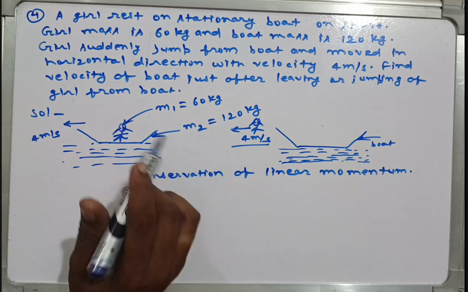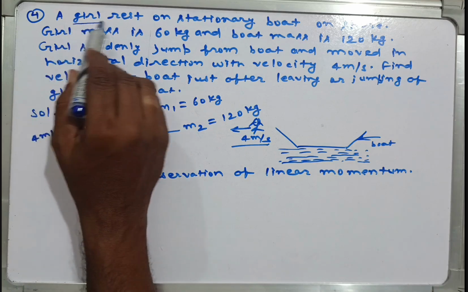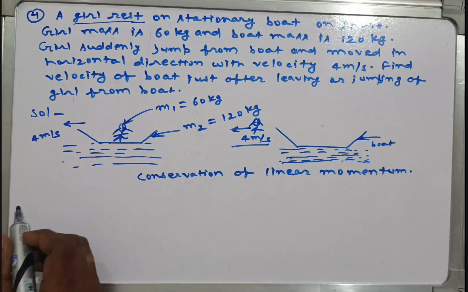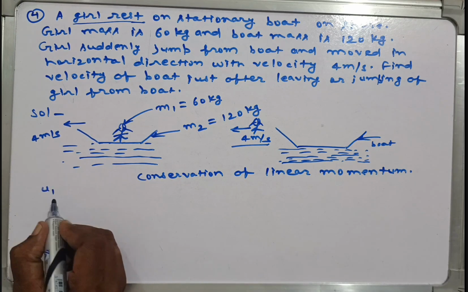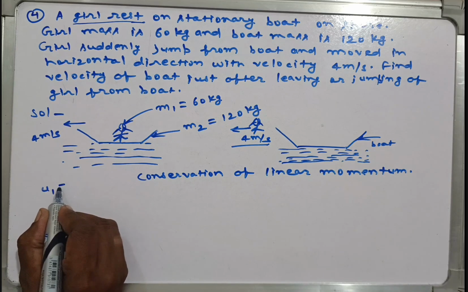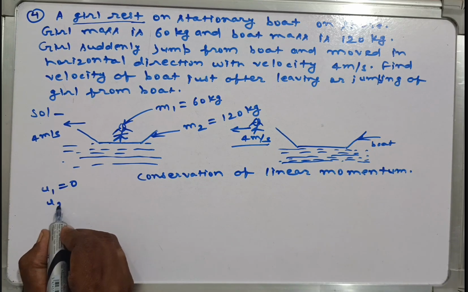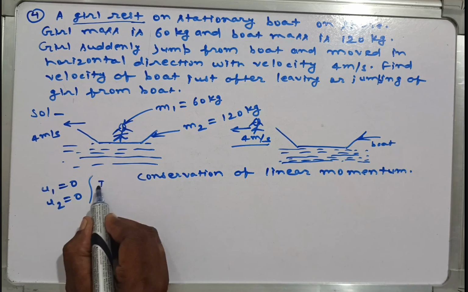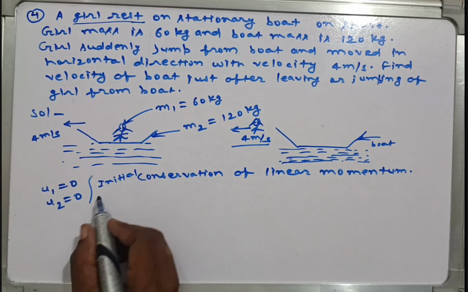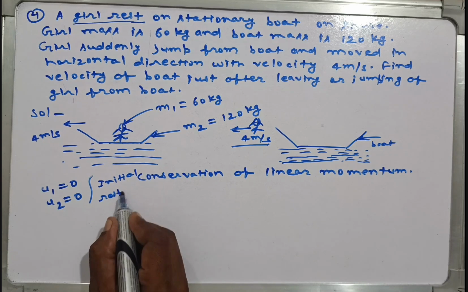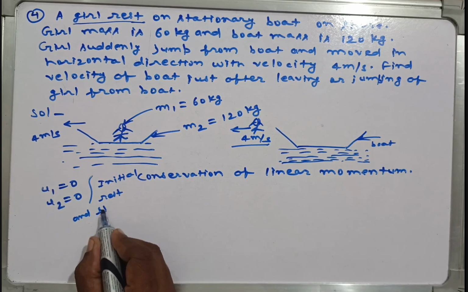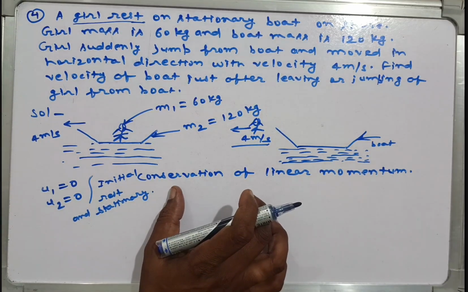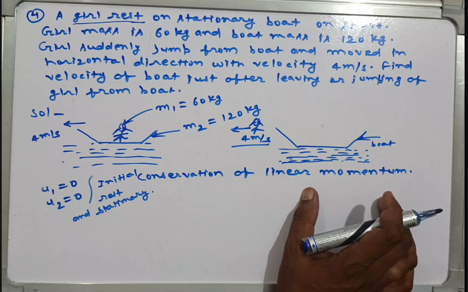As per the question, the girl is at rest and the boat is also at rest. So the velocity of the girl u1 is 0, and the velocity of the boat is also 0, because initially both are at rest and in a stationary condition.